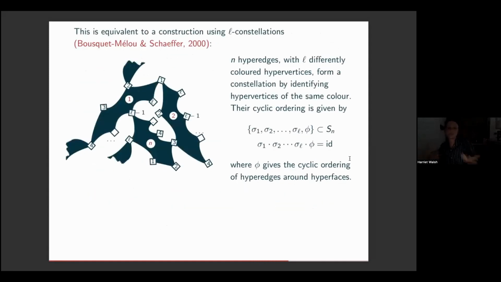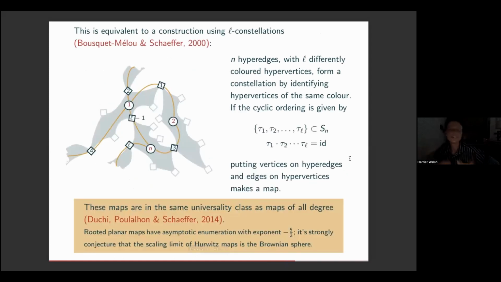And this construction appears in the literature more to do with constellations, so a more general object that has a natural encoding to do with permutations, and uses more generalized edges called hyperedges. So in this one special case where the permutations including a constellation are all transpositions, we have a map rather than the more general object constellation.